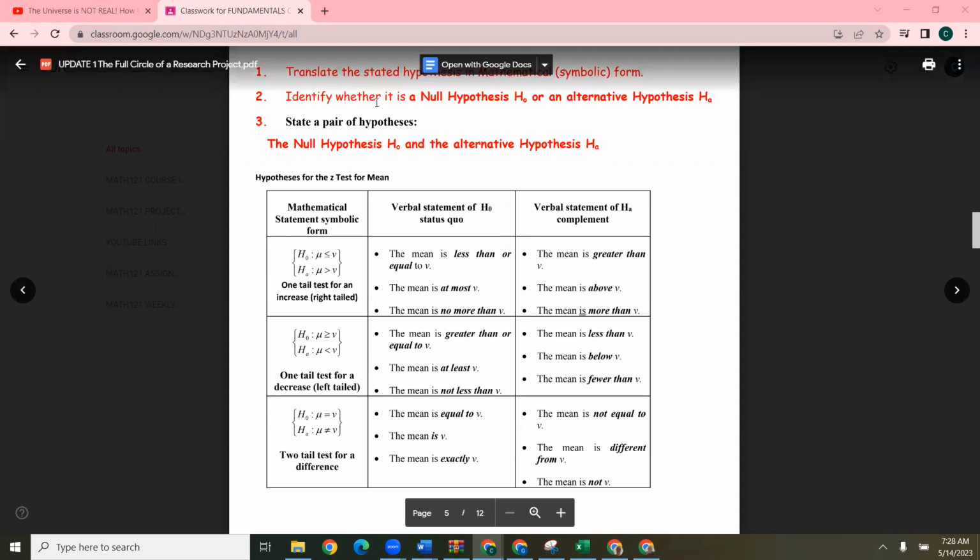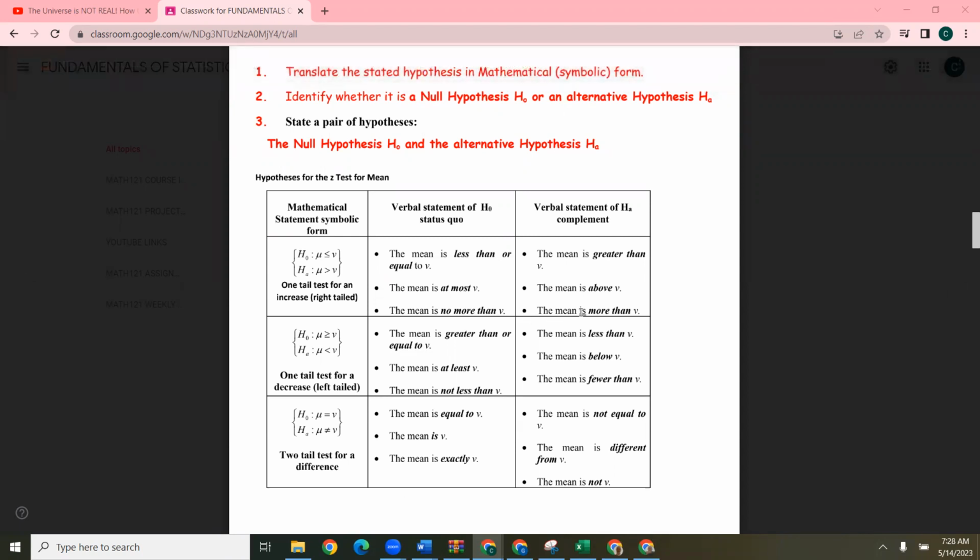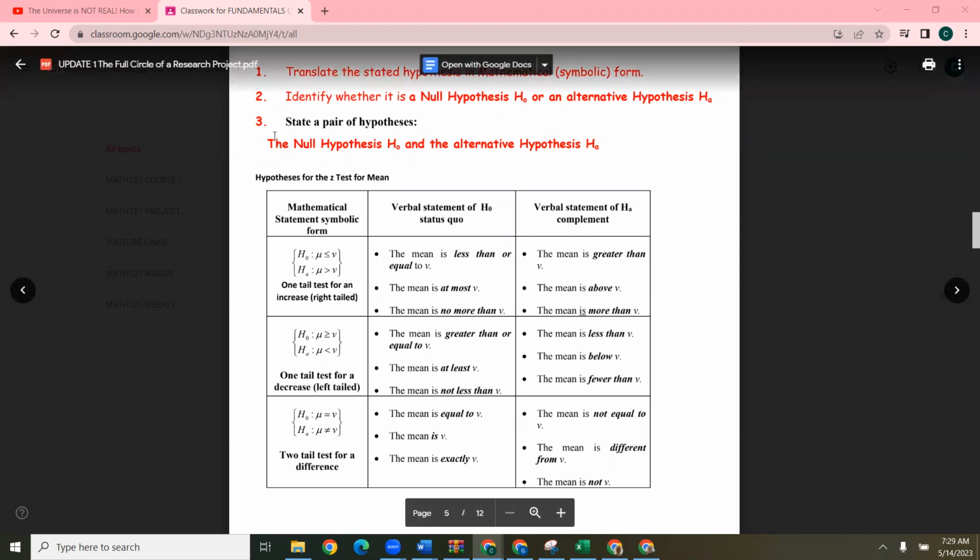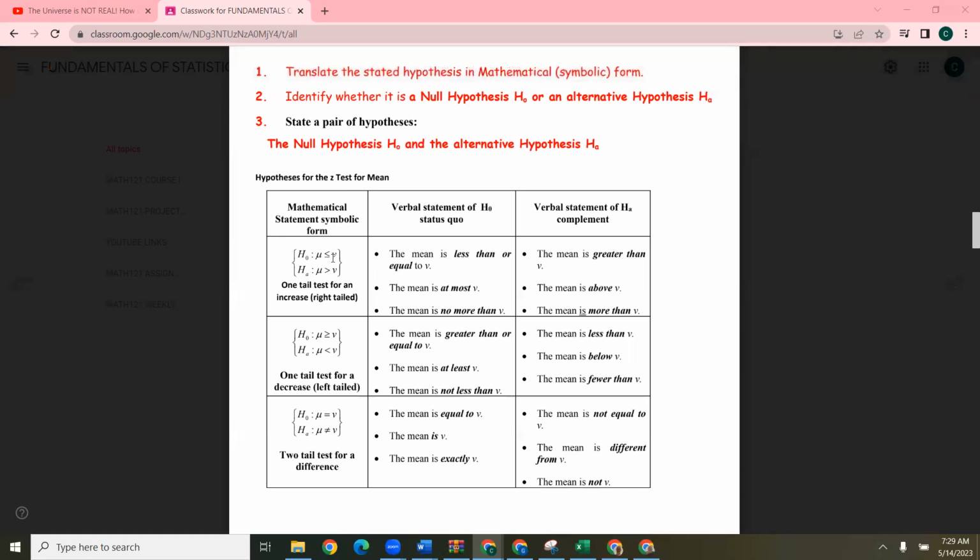Now the second step is to identify whether it is a null or an alternative. It is an alternative because is more than doesn't carry the equal sign. And third, we've got to complete the pair. We've got to include the null and the alternative. So the null will be less than or equal to, or you can also put just equal to for the null. It's common practice to just put equal for the null, no matter if it's left tail, right tail, or two tail.